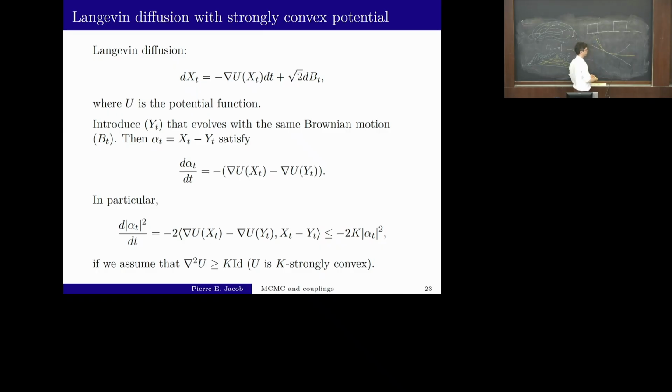There's a quadratic function, so this one is of the form ax squared plus bx plus c. This one is gamma x plus delta. And so strongly convex means that the function can be lower bounded by a quadratic function like this everywhere. So it gives you this kind of inequality.